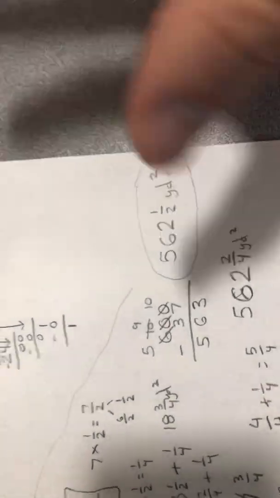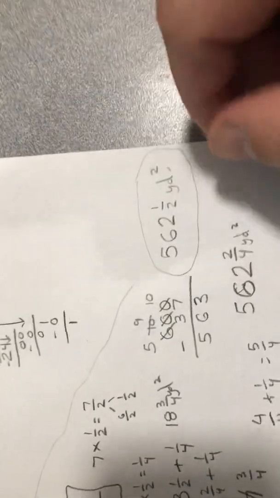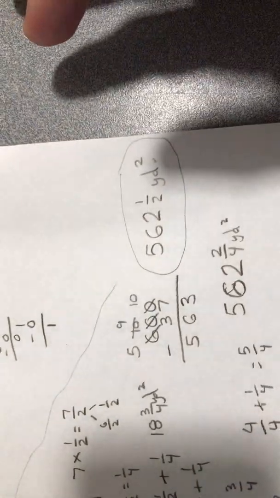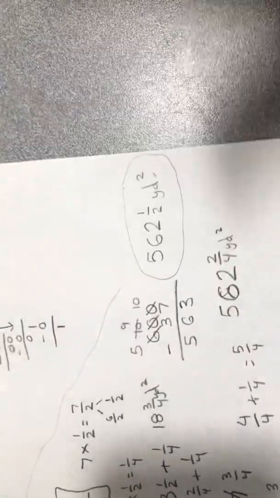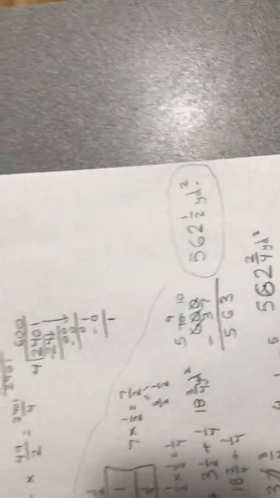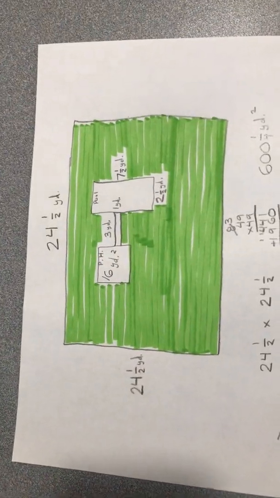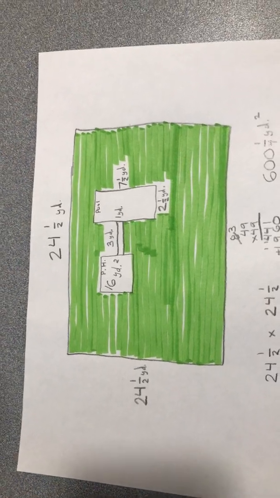So every square that is 1 yard by 1 yard, it's going to be a certain dollar amount. And then he's going to say, well, I need 562.5. So then they'll just multiply that by, say, $10. And then they'll figure out how much Mr. Howard actually needs to pay for his grass.